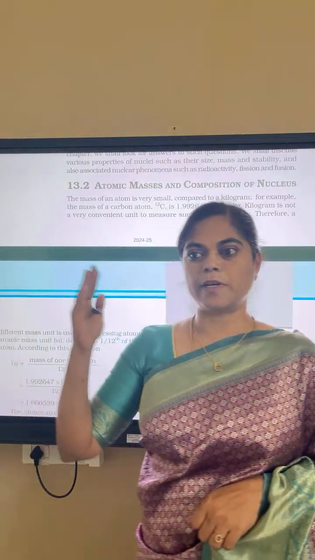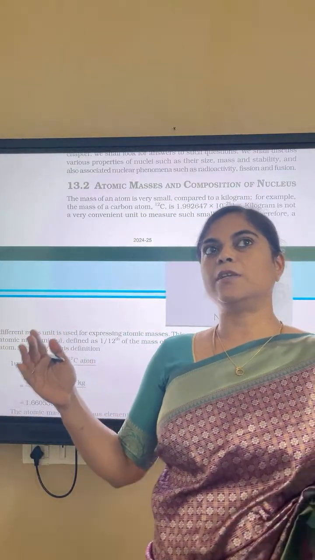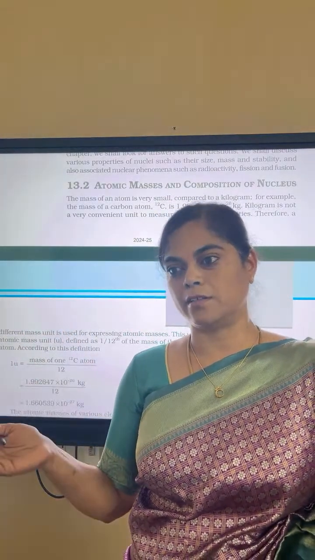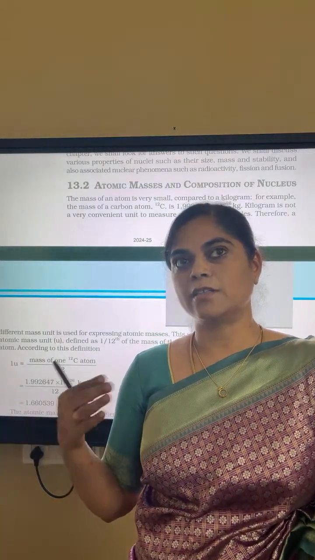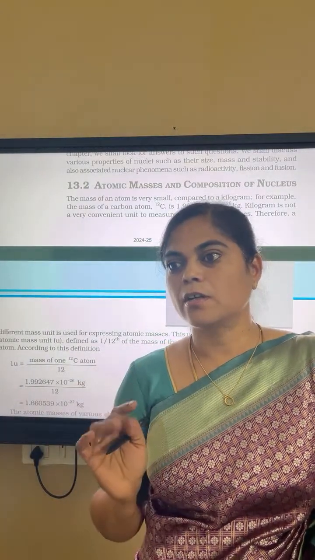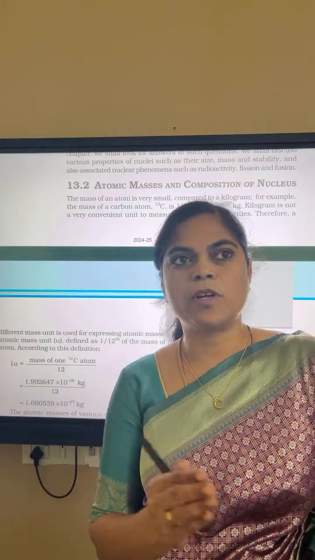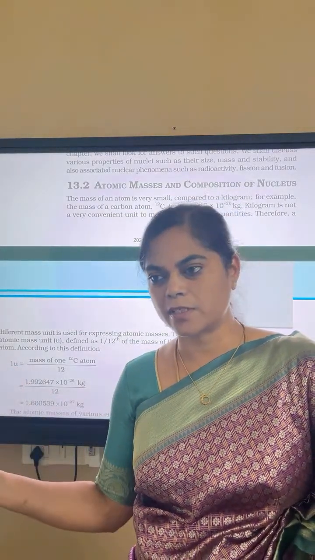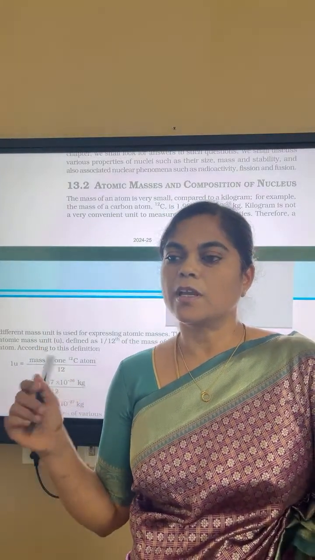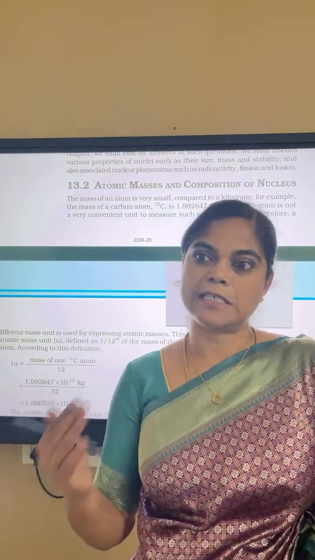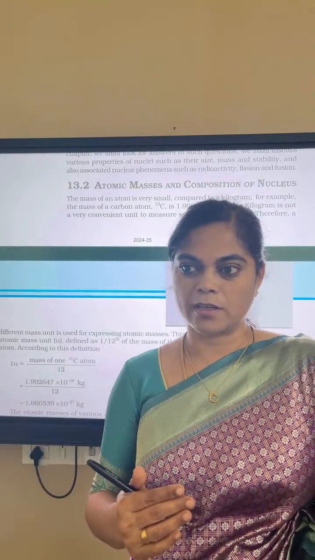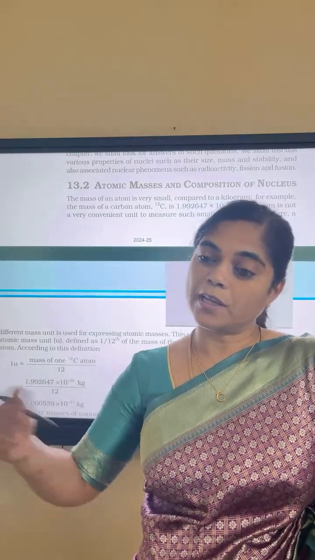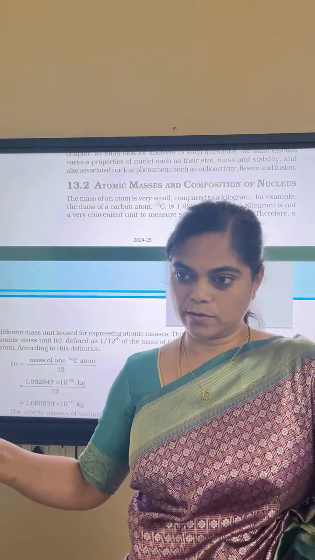So based on that, you might have seen protium is present abundantly, 95%. Then 2.7 or 8% deuterium, and the remaining percentage will be tritium. So the abundance is taken into account.